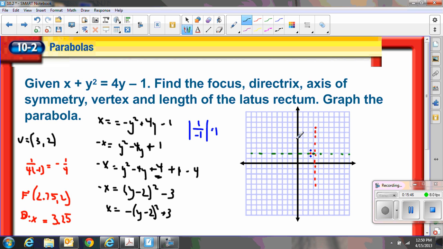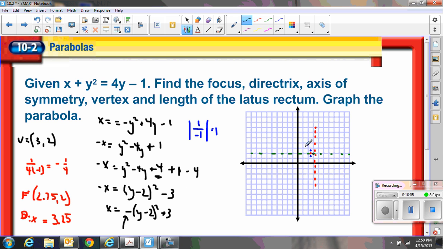Now, based off what I have here for my focus, my latus rectum, and my directrix, I can tell the parabola opens to the left. But just to verify that, remember this a, that's in front of whatever is being squared, that tells you which way it's opening. So since this is negative, this means this opens to the left.